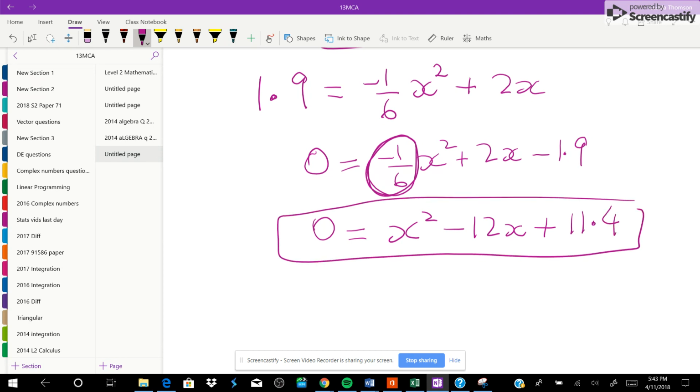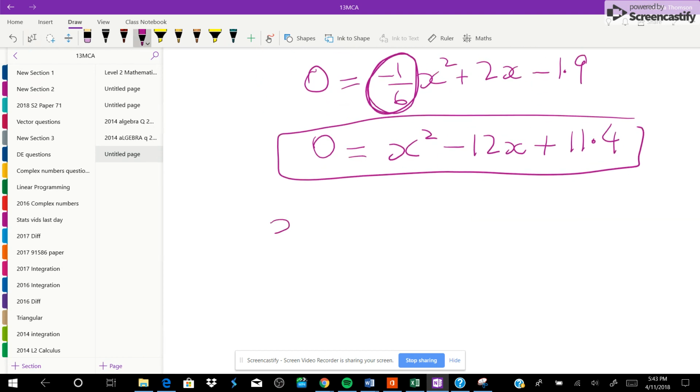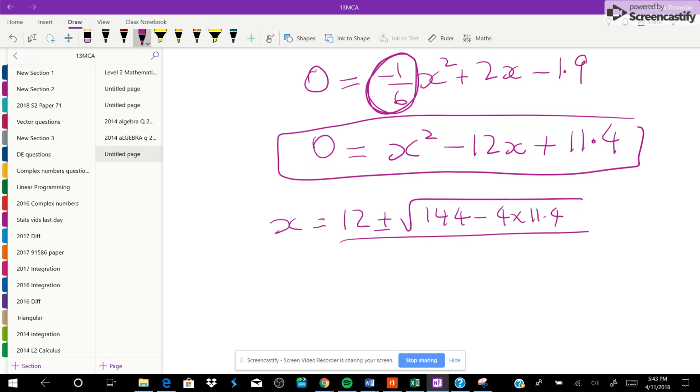Right, so you don't have to do that. But if we now substitute those values in, we get x equals 12 plus or minus the square root of 144 minus 4ac over 2a. And that gives me two values of x, 1.04 and 10.96.